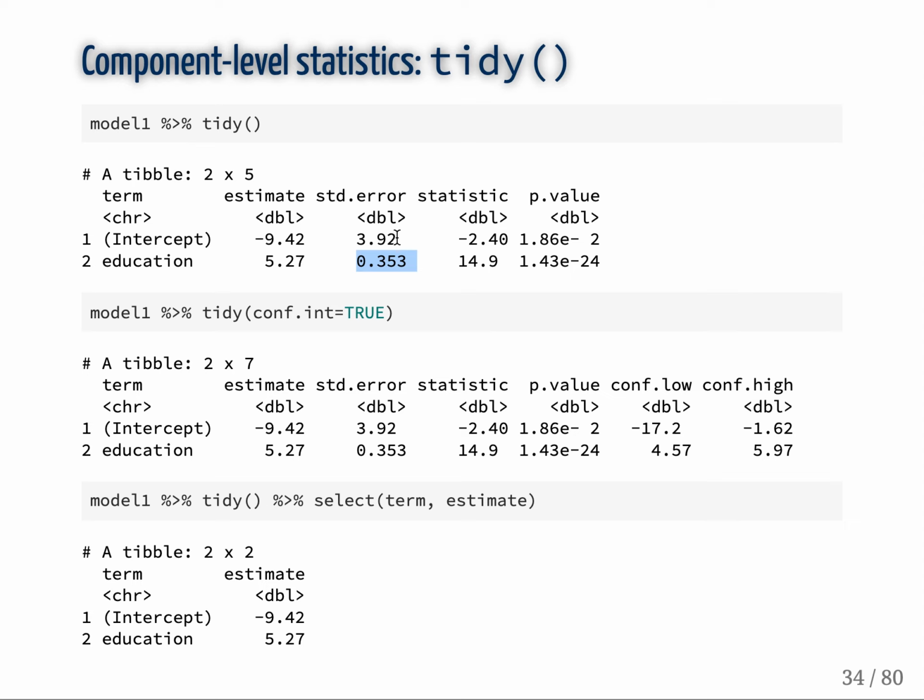Similarly, we can interpret the standard error of beta naught hat. If you pass conf.int = TRUE, you will get the 95% confidence intervals of beta naught hat as well as beta 1 hat.